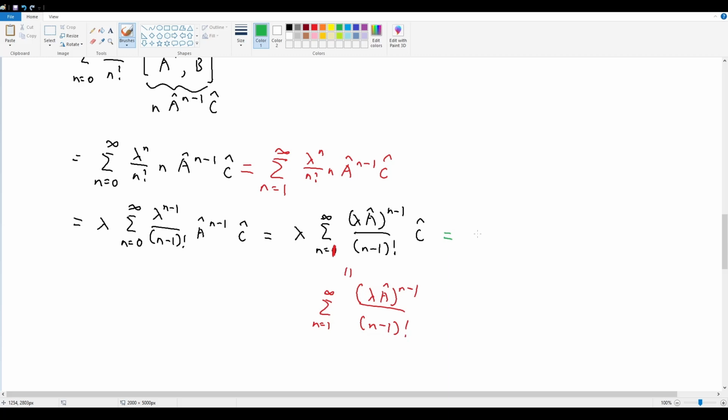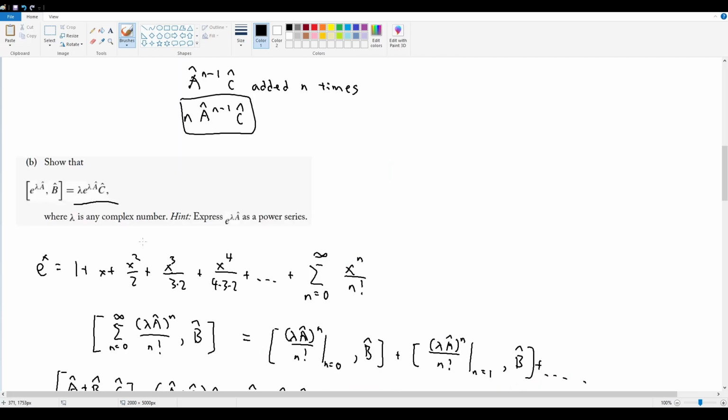So this is functionally identical to lambda summation n equals 0 to infinity of lambda a hat to the power of n, over n factorial, c hat. Because once again, remember, even though n got shifted back by 1, we're making up for it by shifting n forward by 1 when we start counting the summation. So this thing is now equal to lambda e to the power of lambda a hat acting on c hat. And I do believe that is exactly what we're trying to prove. So we're done with part B.